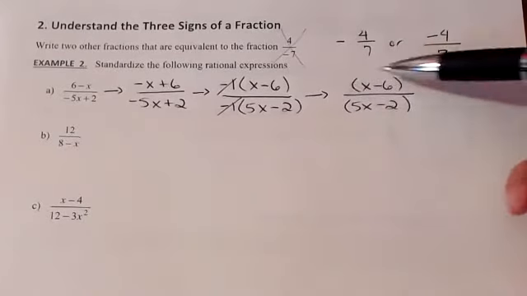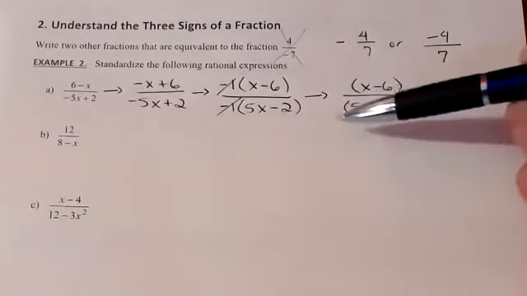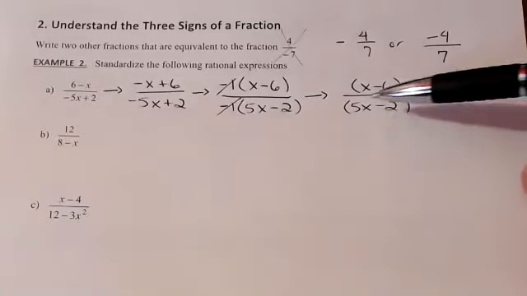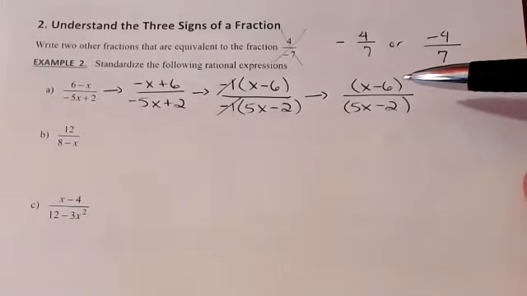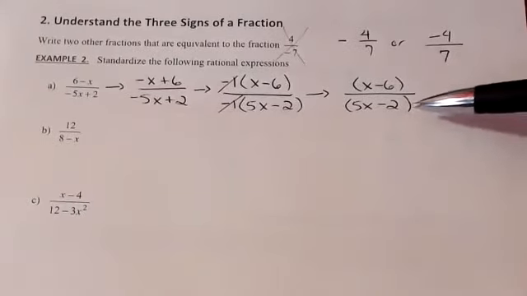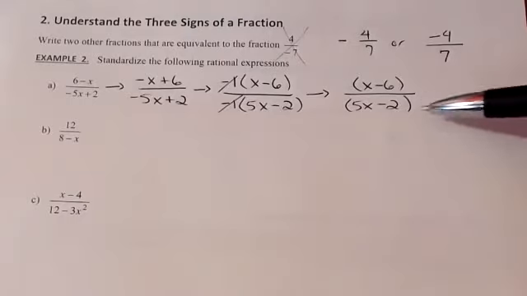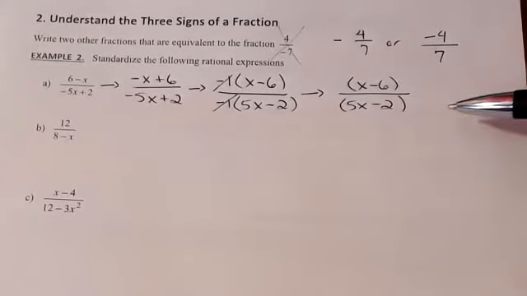This is a factor here, x minus 6, right? And this is another factor, 5x minus 2. So unless you find an exact match, so let's say you had an x minus 6 in the numerator and then you had another x minus 6 in the denominator, that's when you can actually simplify by dividing those out.